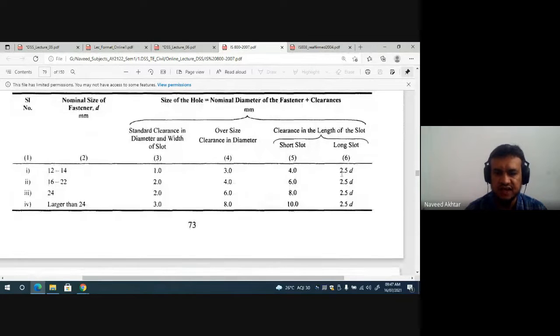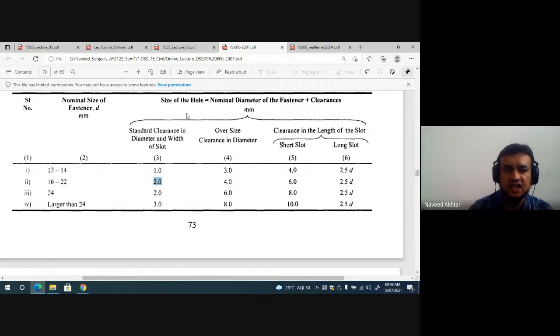That is 2.5 D. Then for clearance, holes for fasteners of 12 to 14 mm diameter, you can take a clearance of 1 mm, that is 13 and 15 mm holes. If your bolt is 16 to 22 mm diameter, the clearance is 2 mm, that is 18 to 24 mm hole diameter. If it is 16 mm, 16 plus 2 is 18 mm, so you have to make an 18 mm hole.